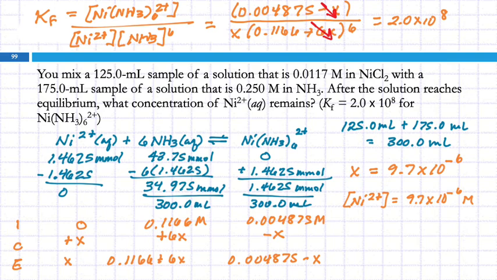So I'm going to use a number solver. Let's see what we get. 0.004875 minus x, divided by x times 0.1166 plus 6x, raised to the 6th power, and that is 2 times 10 to the 8.